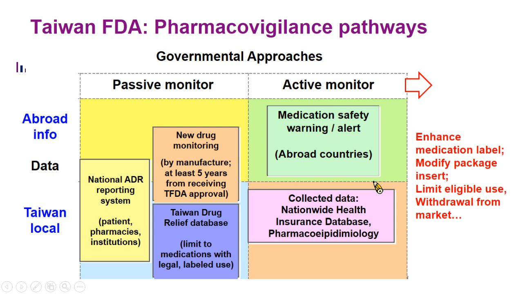Well, several things may happen here, whether it's to enhance the medication level, to highlight the importance of things, to educate patients better, or to educate the prescriber better, and also to ask the manufacturers to modify the package insert with more proper wording or more sufficient information to let the provider know what they should be warned about.